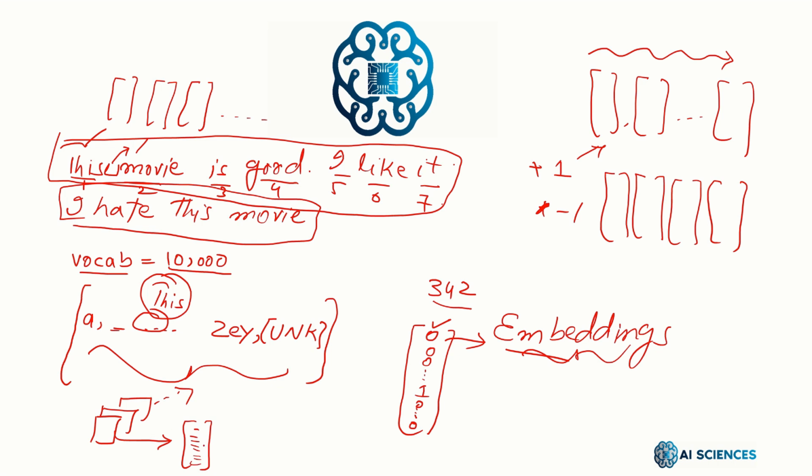In that way, each frame will be encoded as a feature vector, and this particular video is represented as a sequence of these feature vectors.